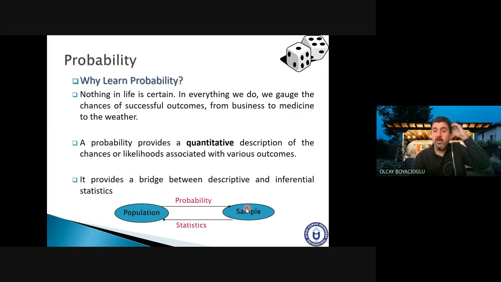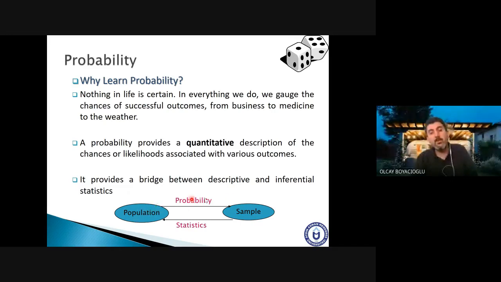That means we are making some estimates of the population, and that is called statistics. And to do statistics well, you should know the other part, which is probability, because you should know that your sample is taken randomly out of the population.